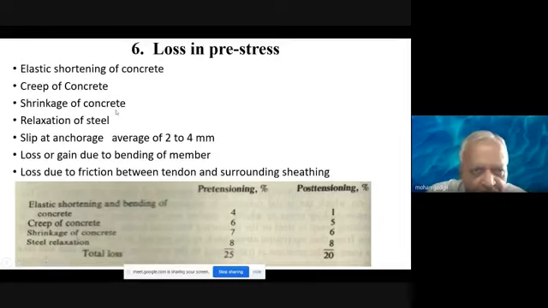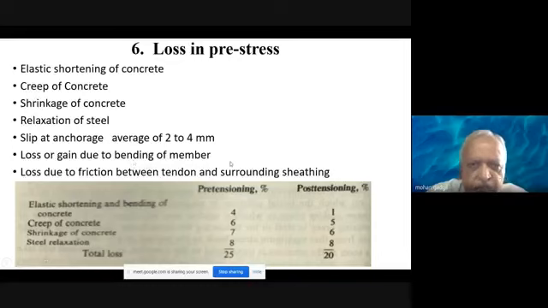The same thing happens with shrinkage of concrete, and when concrete contracts, it reduces the length of the tendon, and thereby the strain is reduced. Relaxation, I have indicated, due to the molecular adjustment, the stress gets reduced. Slip at anchorage: when you stress the cable and want to lock it, at that instant it slightly slips from the jack before it gets locked. So about 2 to 4 millimeter elongation is lost. To that extent, the prestress is lost.